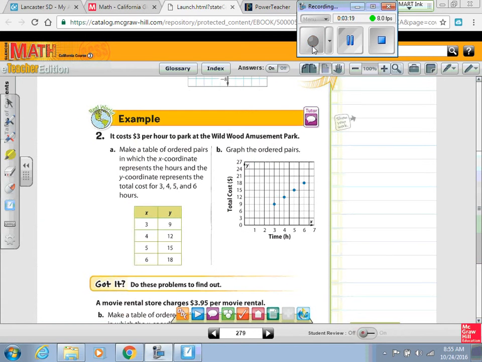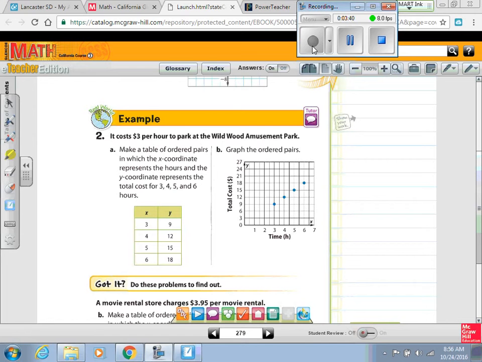In example 2, they have a problem that says that it costs $3 per hour to park at the Wildwood Amusement Park. They wanted to make a table of ordered pairs in which the x-coordinate represents the hours and the y-coordinate represents the total cost for 3, 4, 5, and 6 hours.